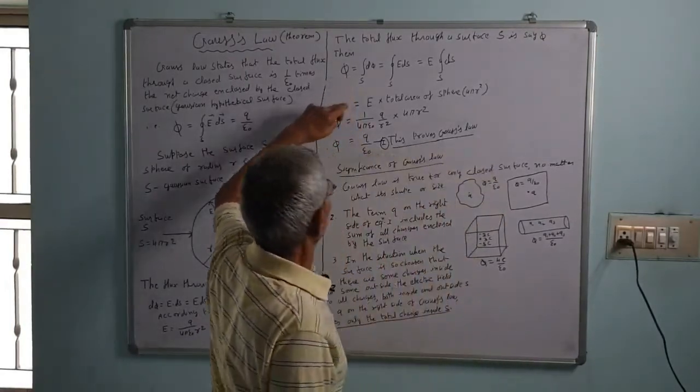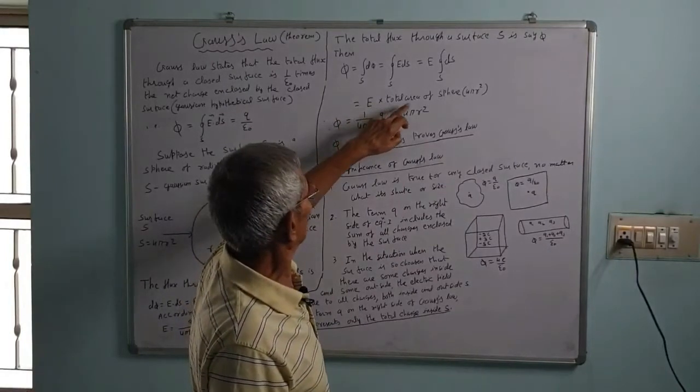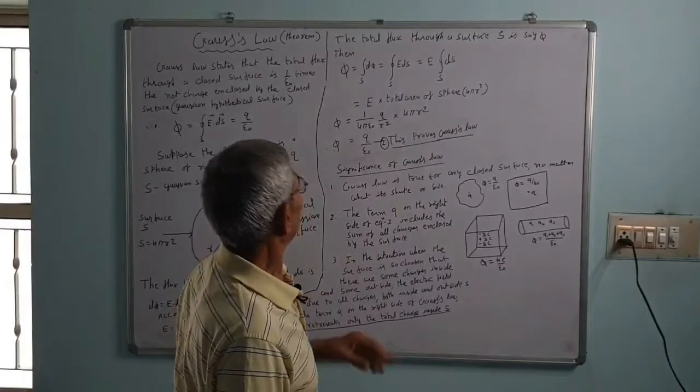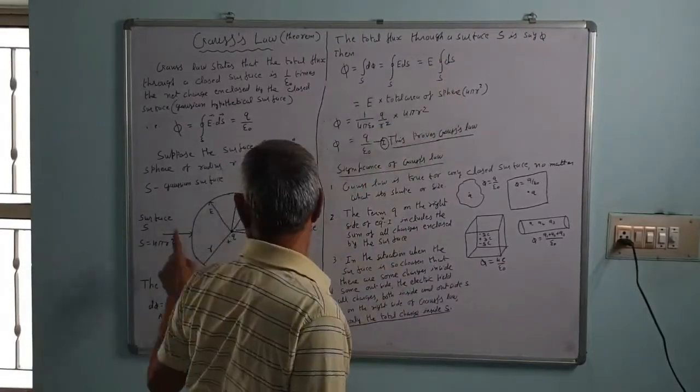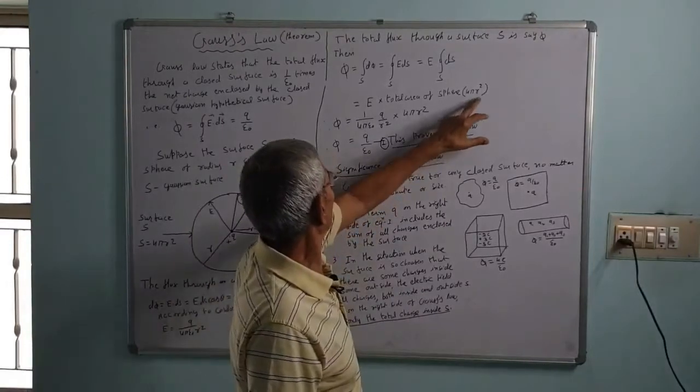The total flux phi is equal to E multiplied by the total area of the sphere, that is S. Integration of ds is S. S is 4 pi r square.